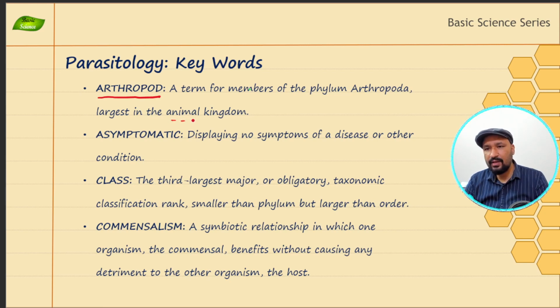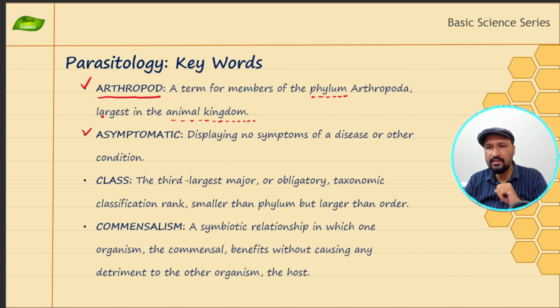When we talk about the animal kingdom and then various phyla, you will find one phylum which is Arthropoda, and the arthropods belong to that phylum. And why are they important in parasitology? Because many vectors belong to this particular phylum. So that is the first key term.